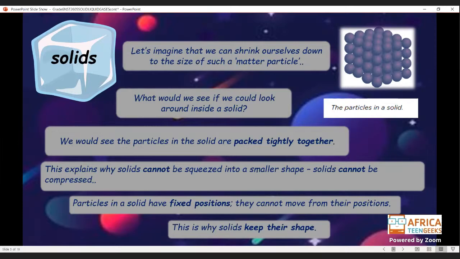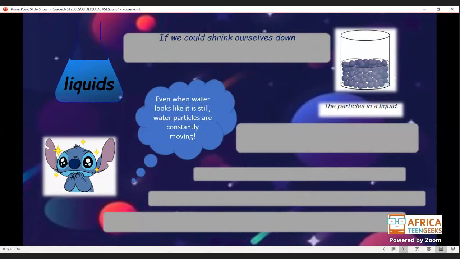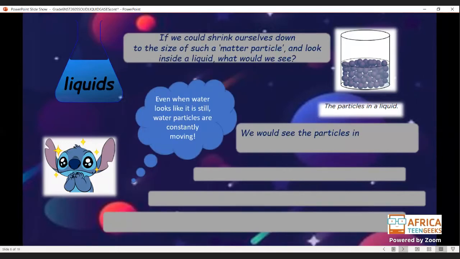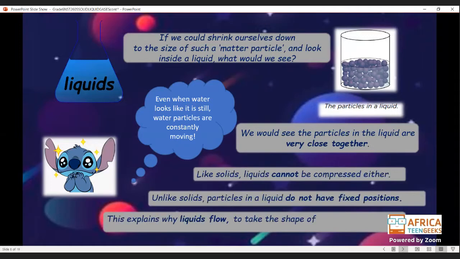Now, who remembers what I said in the beginning, right at the beginning of our slides yesterday, what small particles are made from? This is for those who want to jot this down.